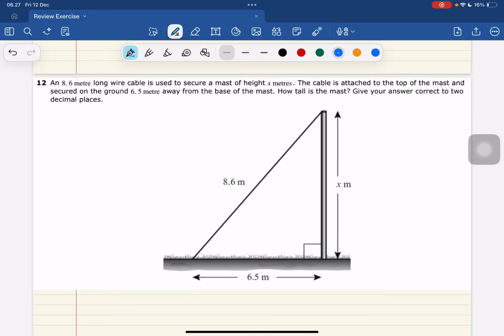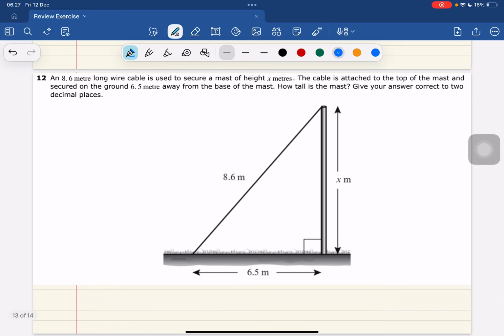Okay, 12. Look at the right angle, we use Pythagoras. So 8.6 squared equals x squared plus 6.5 squared. We rearrange: x squared equals 8.6 squared minus 6.5 squared. 8.6 squared is 73.96 and 6.5 squared is 42.25.